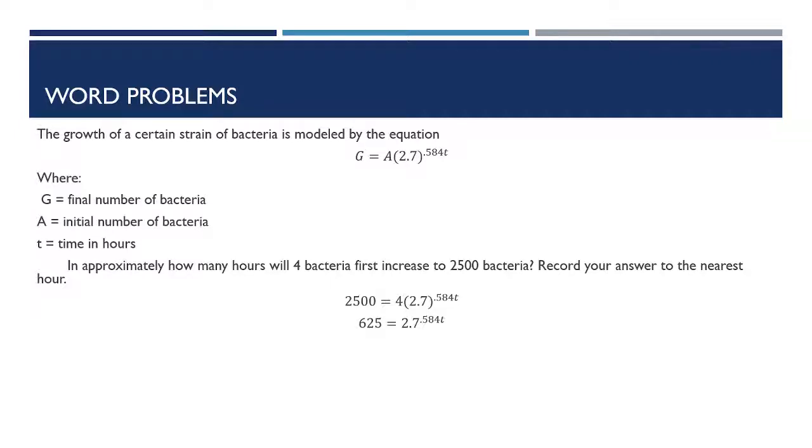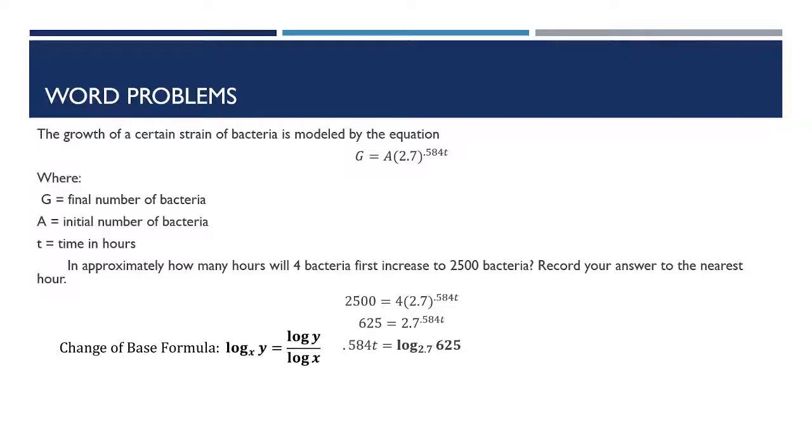Next, rewrite using logarithmic form, the log of base b of n equals e. So it is 0.584t equals the log of base 2.7 of 625. To simplify a logarithm with a base, you will need to use the change of base formula. The change of base formula is that the log base x of y equals the log of y over the log of x.